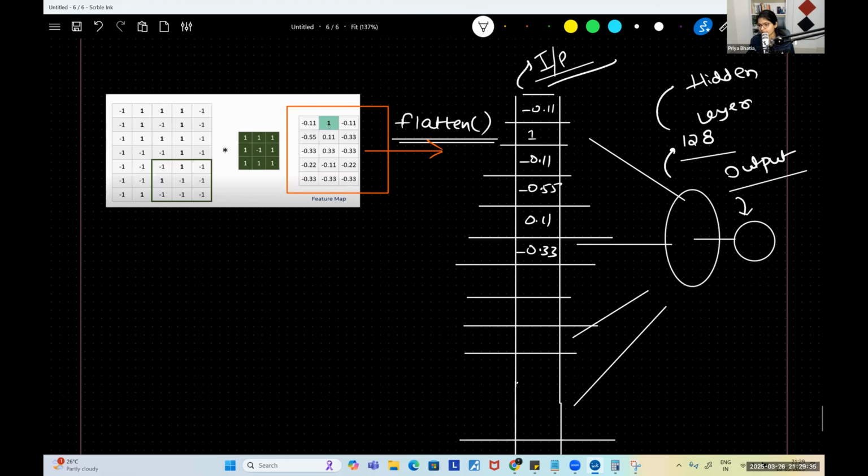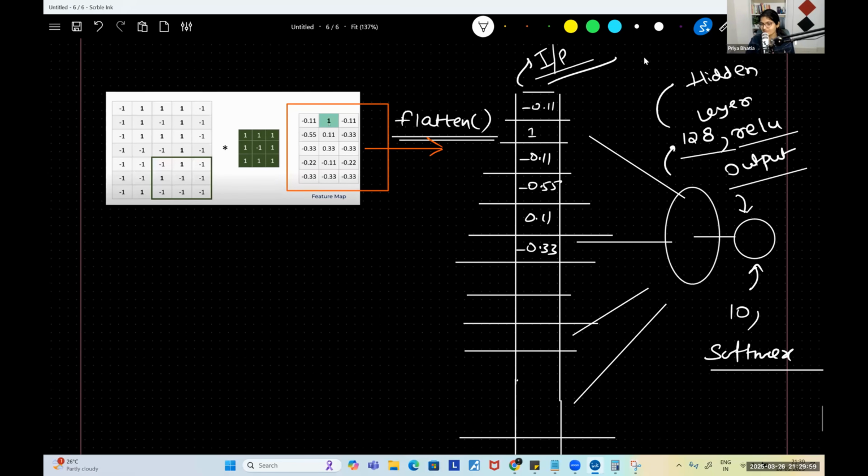Now tell me, in the output layer, how many neurons do we want? 10, very good. Not one. We have 10 classes. We will apply the activation function softmax over here. In the hidden layer, we will apply the activation function ReLU to make our computation a bit easier.